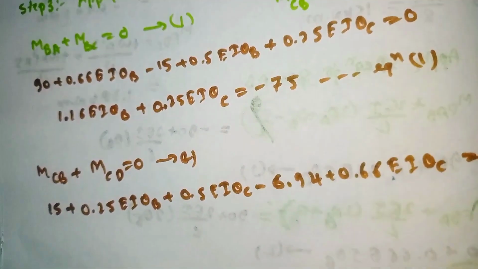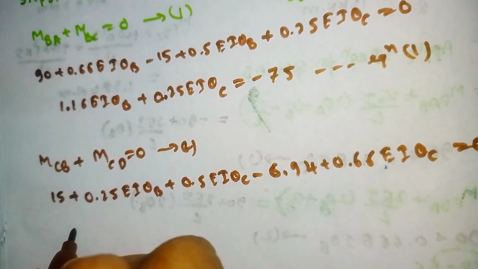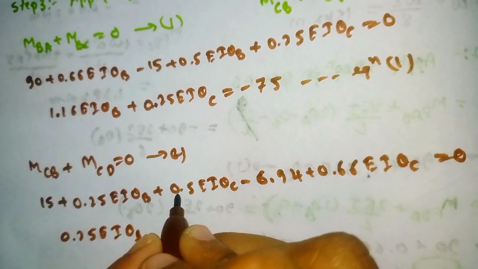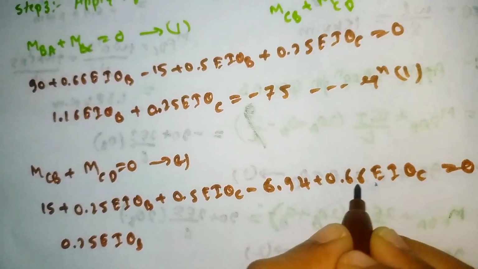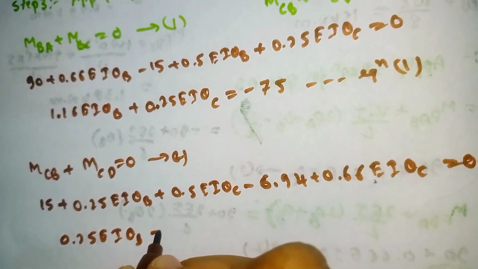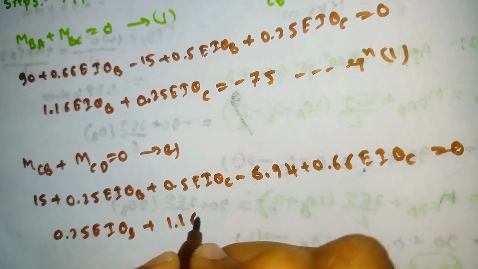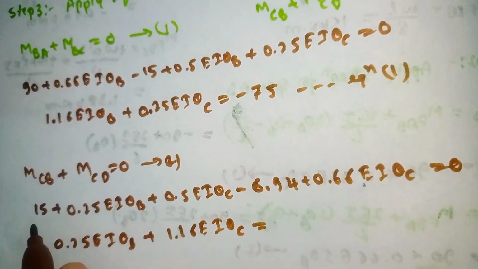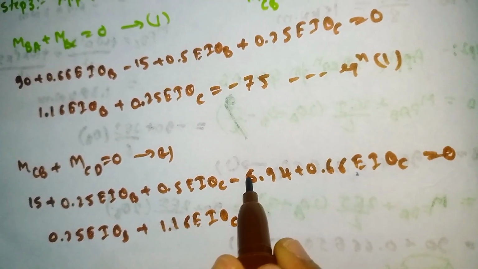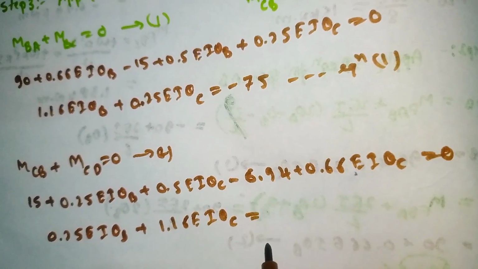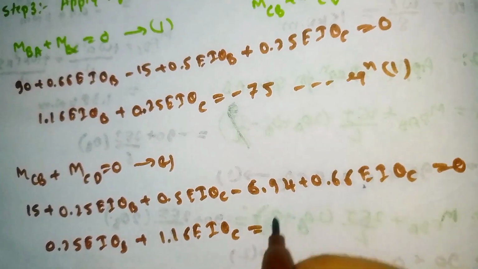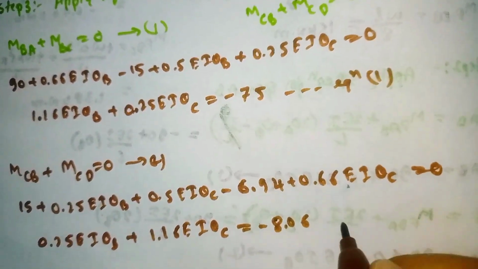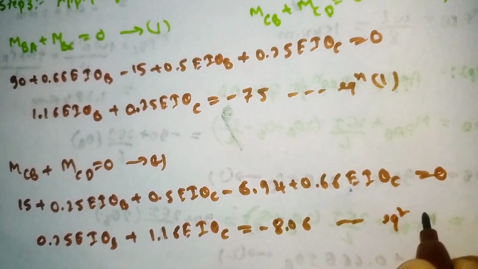Simplifying, 0.25 EI theta B plus 0.5 EI theta C plus 0.66 EI theta C gives 1.16 EI theta C, equal to 15 minus 6.94, which is 8.06. Taking it to the right side, it becomes minus 8.06. Call it equation number 2.